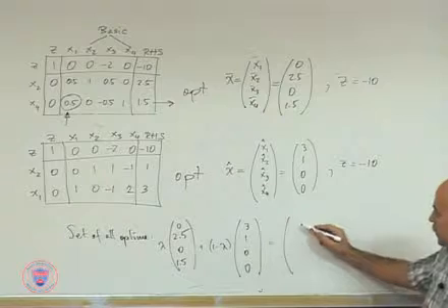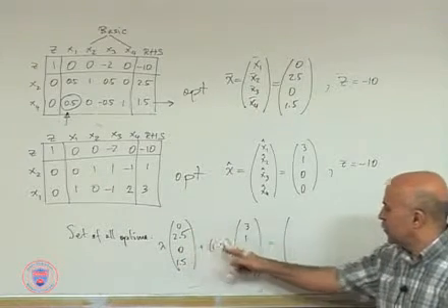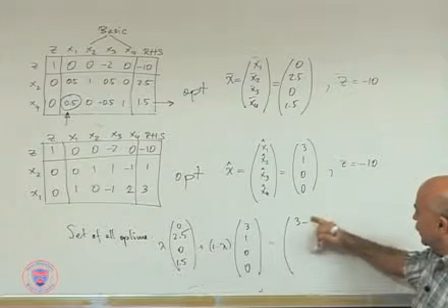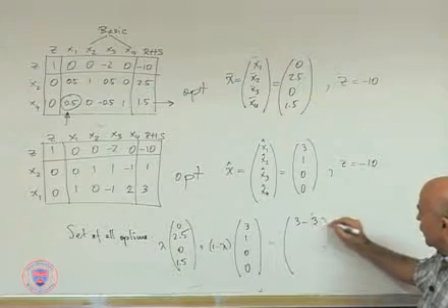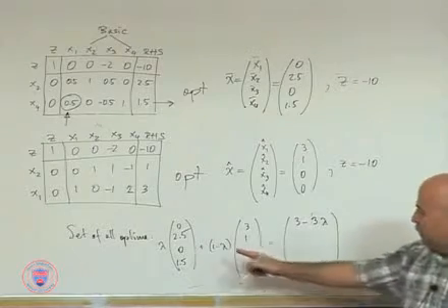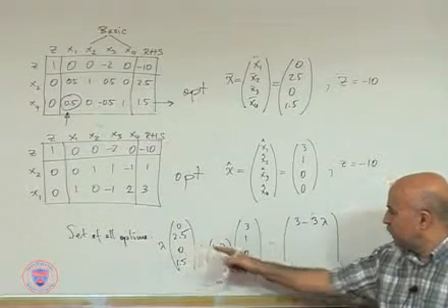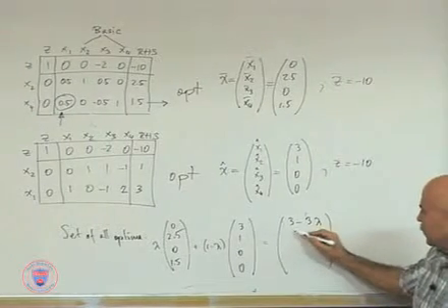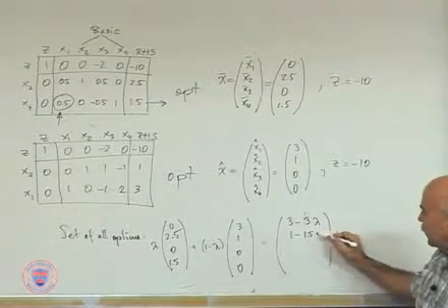And so you got 0, 3 minus lambda here, 3 minus 3 lambda. You've got 2.5 lambda minus lambda, that's 1.5 lambda. So 1 minus 1.5 lambda.